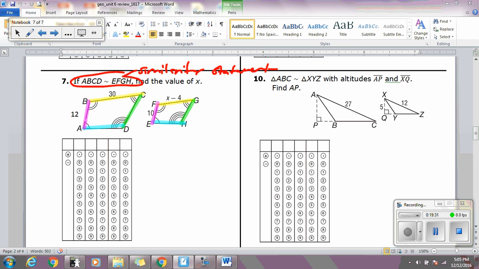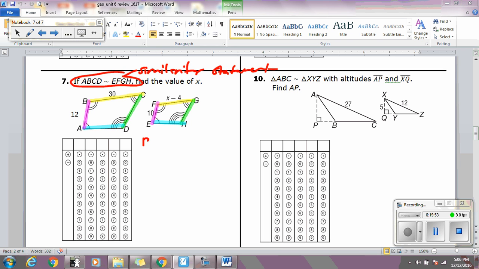Since A and E are both first, they're congruent. B and F are second, they're congruent. C and G, third, they're congruent. D and H are fourth, they're congruent. So now that you know who corresponds with who, you can write your proportions.